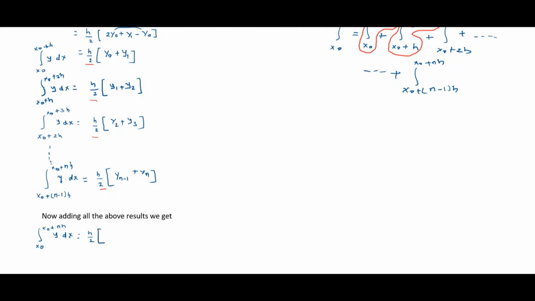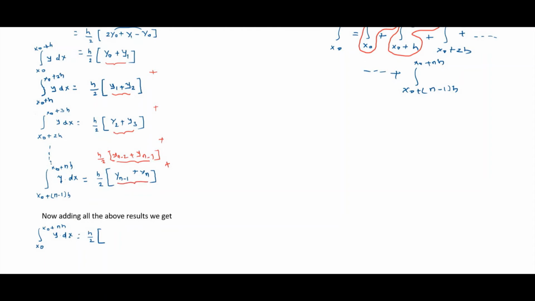Now you can add all the bracket terms: this is y0 plus y1, plus the second term y1 plus y2, plus the next y2 plus y3, plus, continuing in the same way, the last term y(n minus 2) plus y(n minus 1). Bracket complete. Outside you have h divided by 2, plus you have to add the last term.